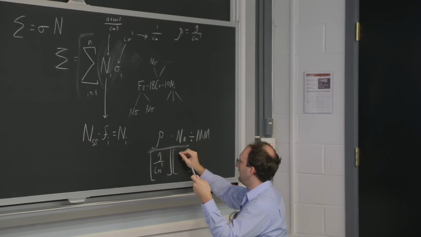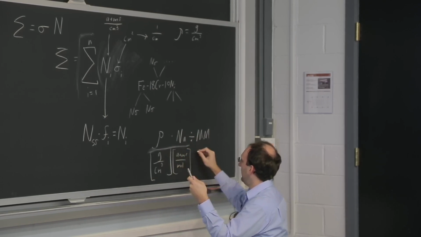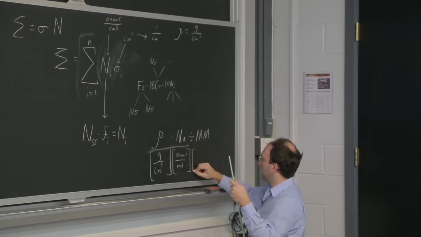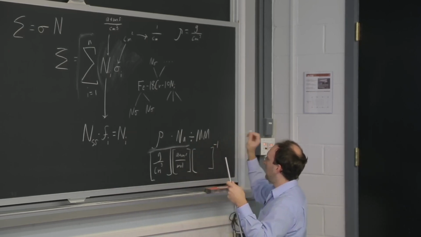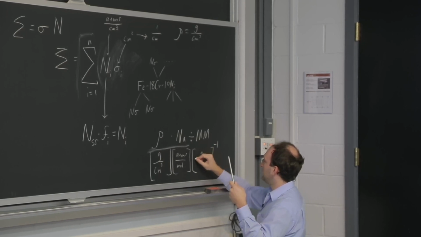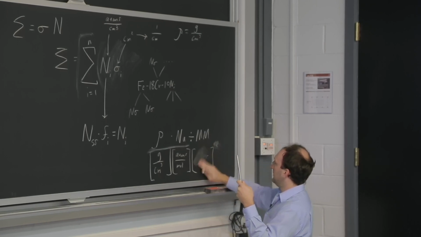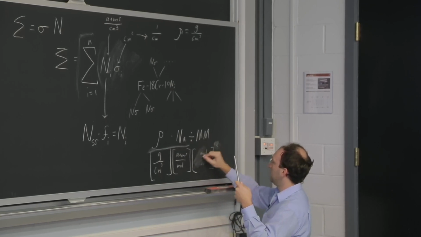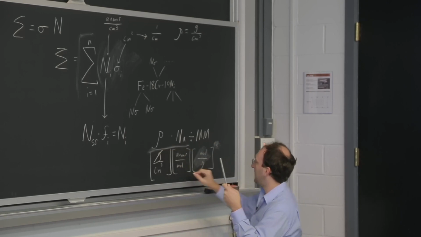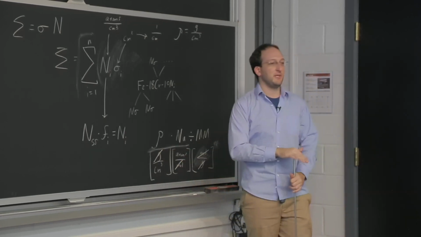Avogadro's number is given in atoms per mole, and molar mass units are given in grams per mole. So that's going to be like moles per gram. The grams cancel, the moles cancel, and you get atoms per cubic centimeter.